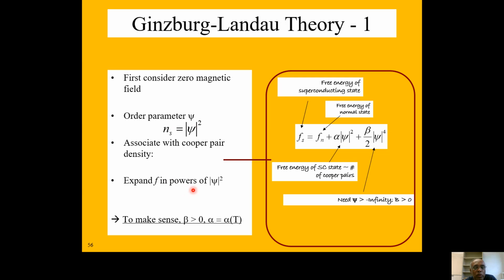So now what he did was he expressed F, the free energy. It can be Helmholtz or Gibbs free energy. So that's superconducting, and the normal that he wrote as alpha times psi squared plus beta over 2 psi to the fourth. So this is actually for zero magnetic field.